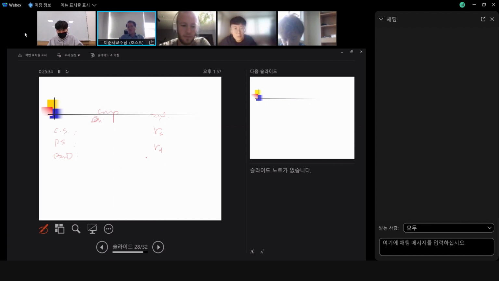So in terms of bonds, we use the terminology of yield, like yield to maturity, as you know.